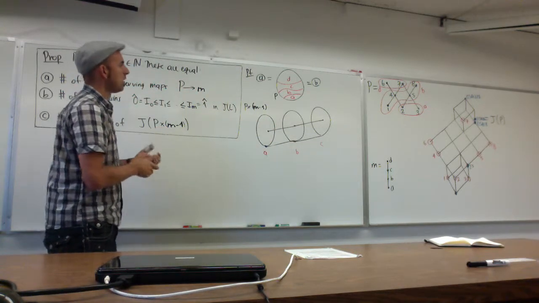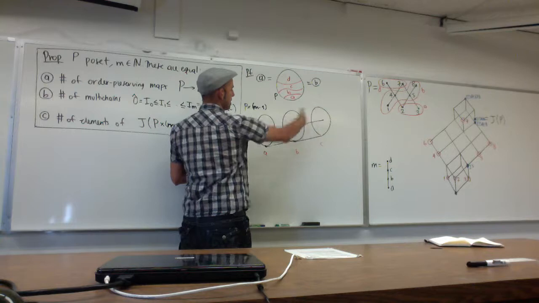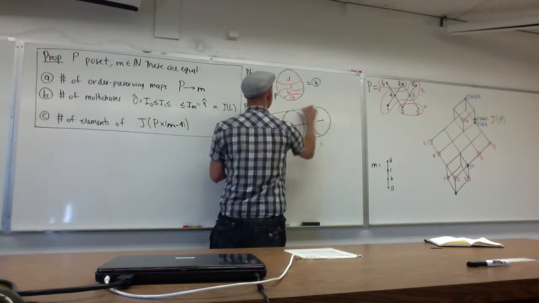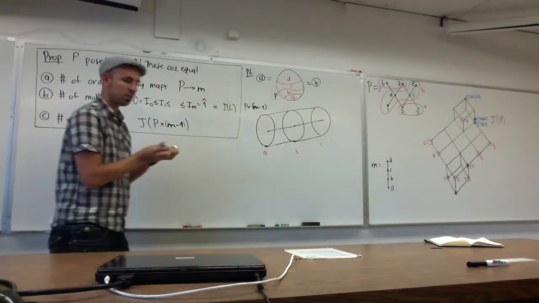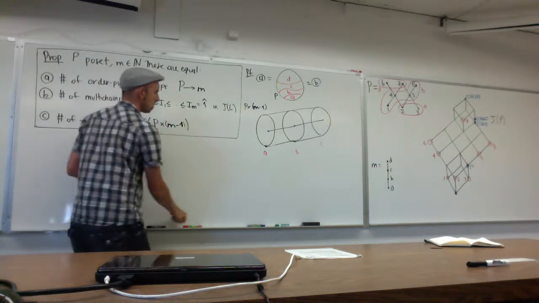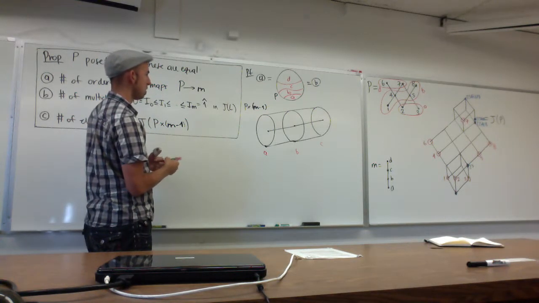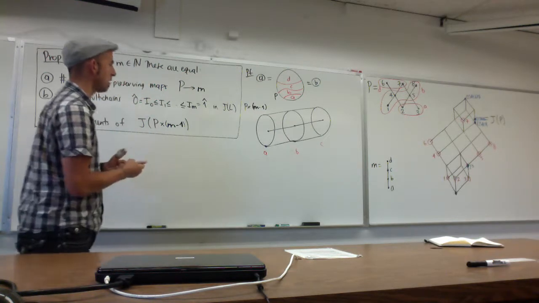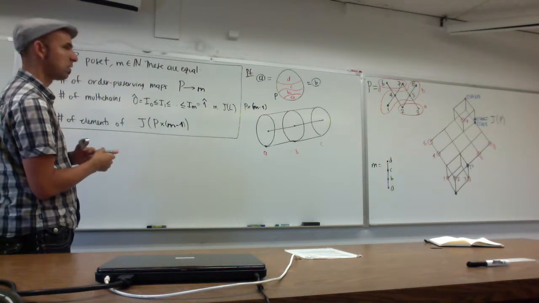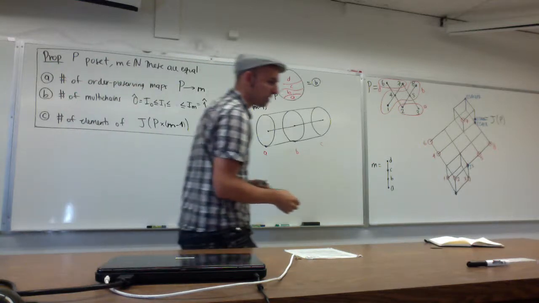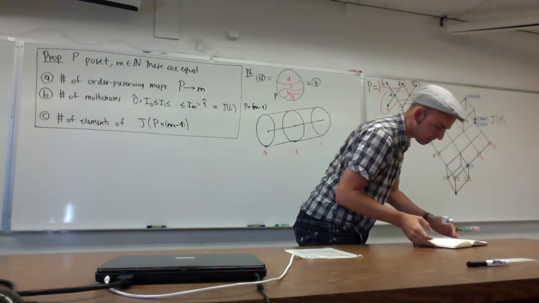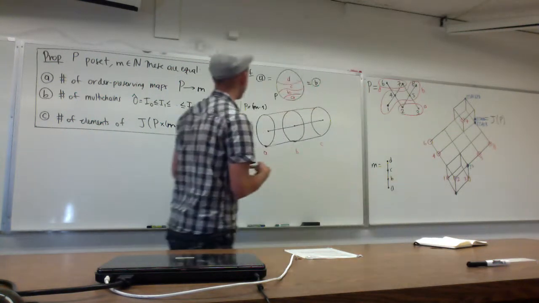Okay? So how do I get an order ideal in this poset that represents this chain? Well, one way of doing that is by, actually I think I have this, yeah, I have this wrong here, so let's get it right.